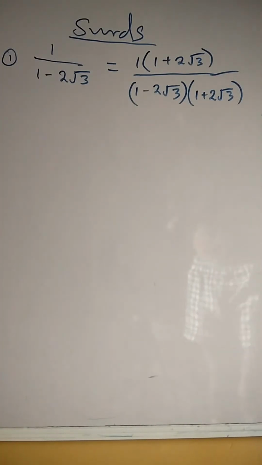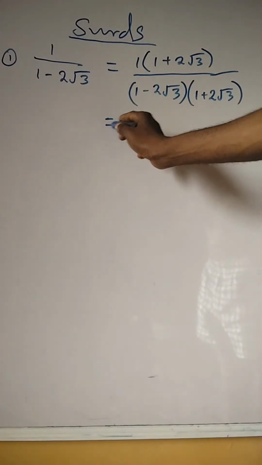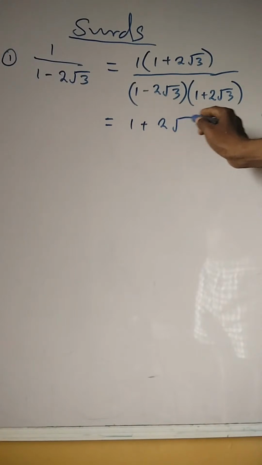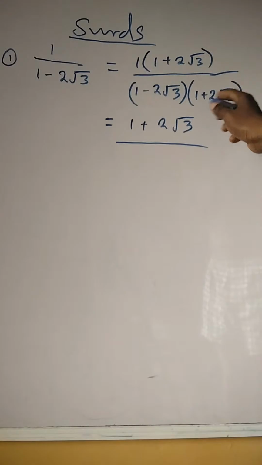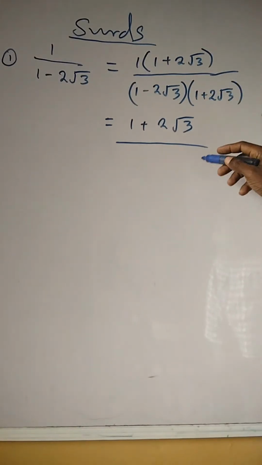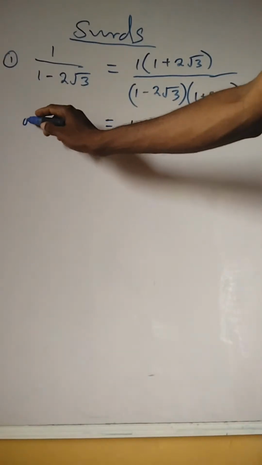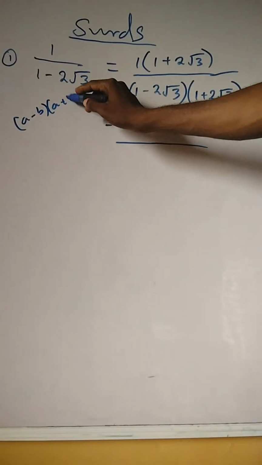The next step, we expand from here. When we open this bracket, the numerator is the same thing, 1 plus 2 root 3, then divided by the expansion, which follows from when we have a minus b into bracket a plus b.